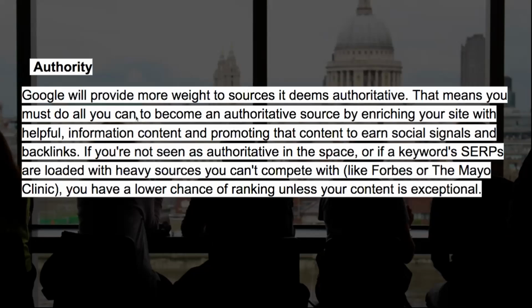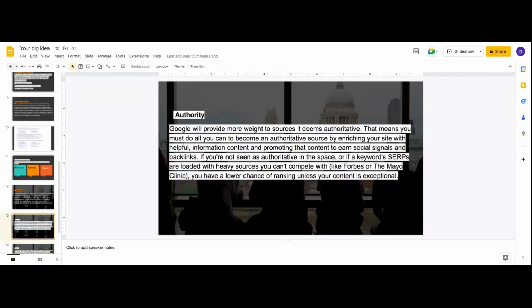This means you must do all you can to become an authoritative source by enriching your site with helpful content and promoting that content to earn social signals and backlinks. Now, what do we call backlinks? I'm going to explain to you. And if I don't explain, somebody should draw me back to it.